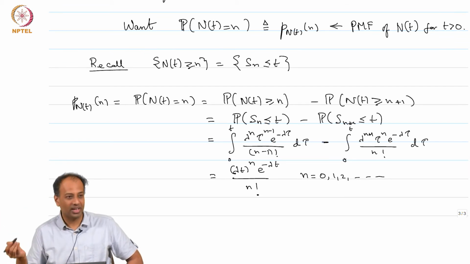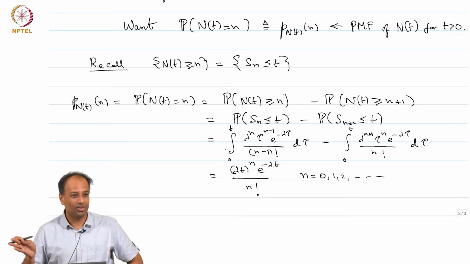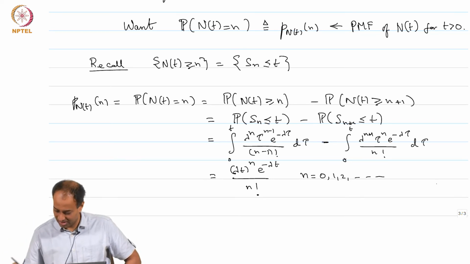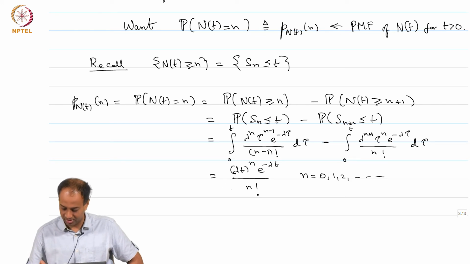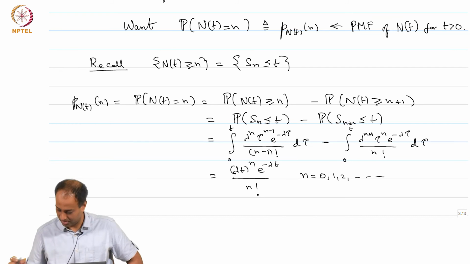So, nevertheless, this calculation is valid for N(t) equal to 1 onwards; for N(t) equal to 0 you have to do it separately, like I just spoke out. But the formula here will be valid if you take 0 factorial.